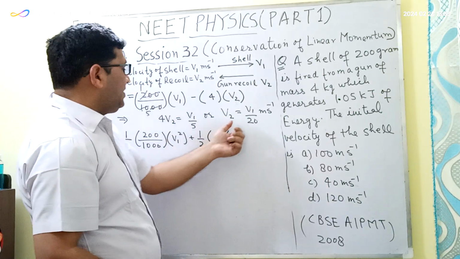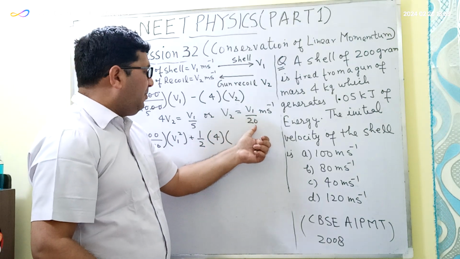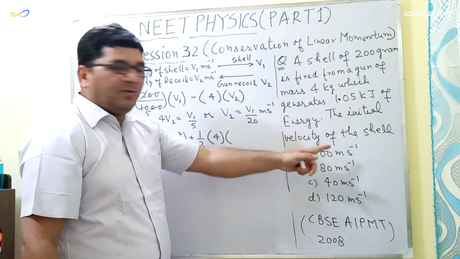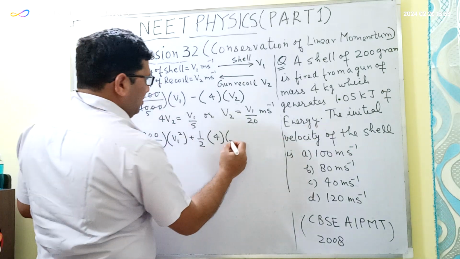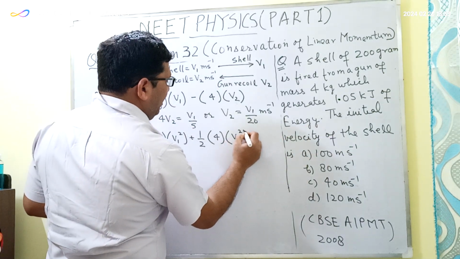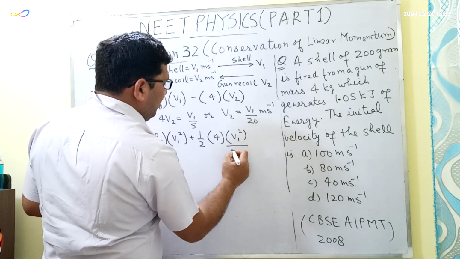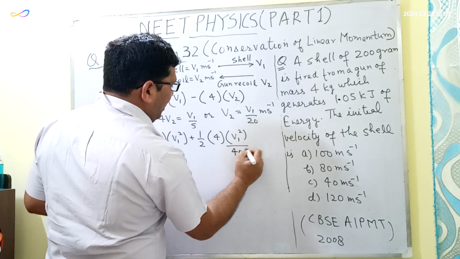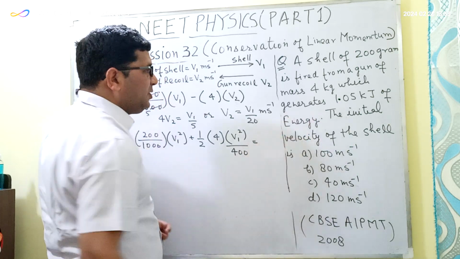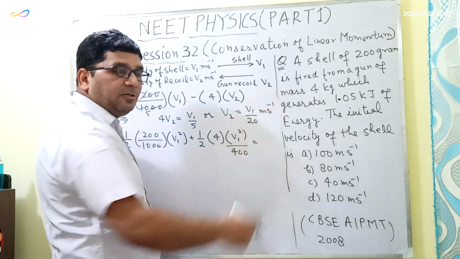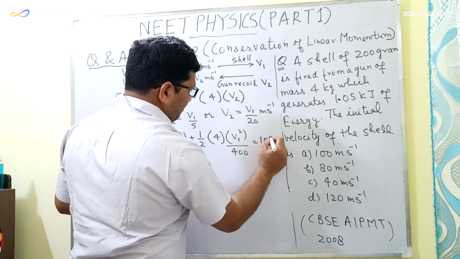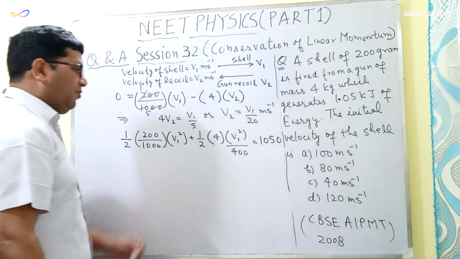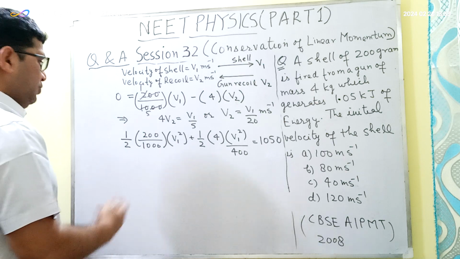In place of V2 I will be putting V1 by 20, because we have to find the initial velocity of the shell. This will be equal to 1.05 kilojoules. I will be converting it into joules, so this will be equal to 1.05 into 1000, which is 1050 joules.